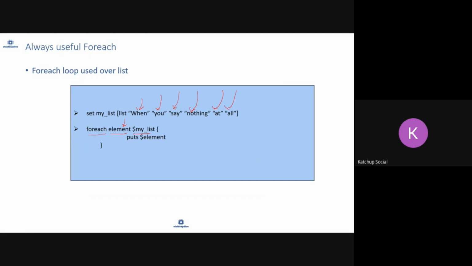So it's basically going over each element of the list. The syntax is foreach. This is a keyword. Element can be anything, this can be x, foreach x, then your list name, and within curly braces, it will keep giving the element each value of that list. So foreach is useful. It simplifies things when you want to go over each element of the list.